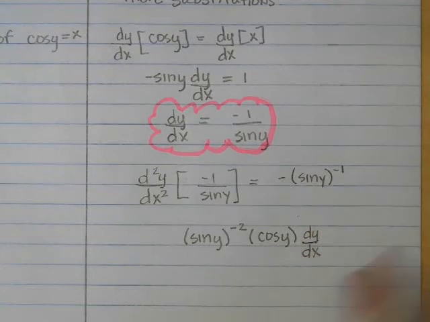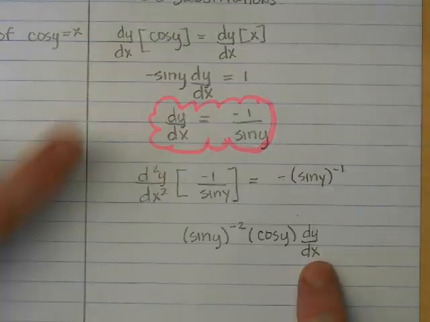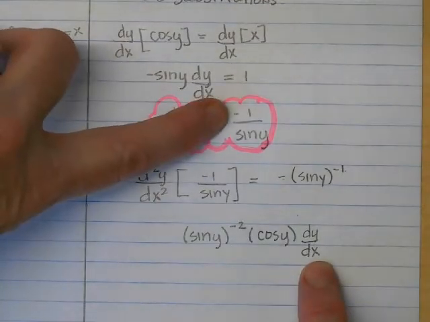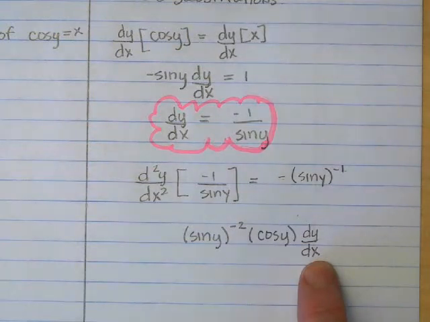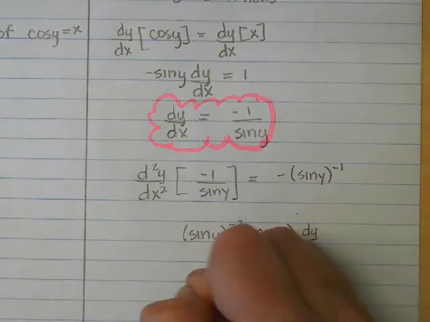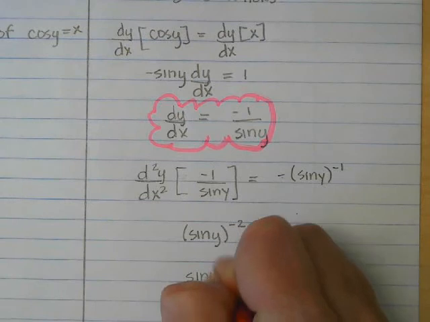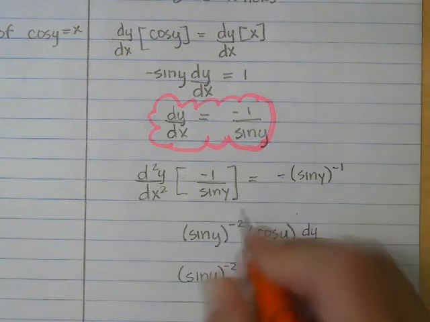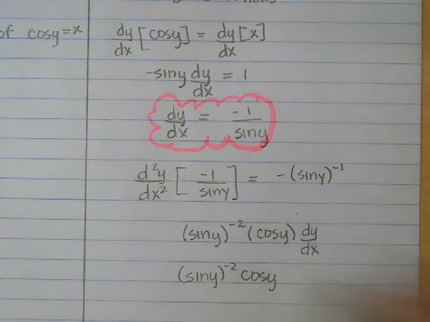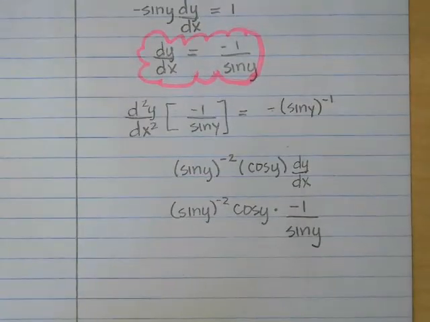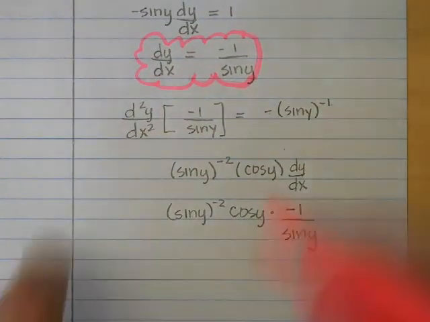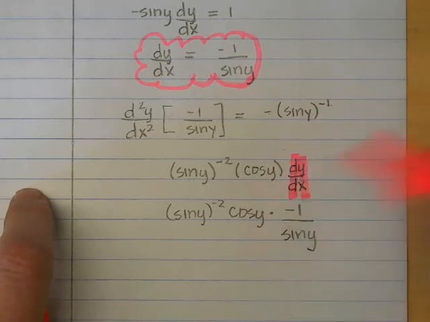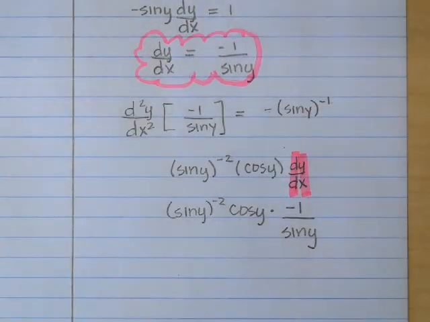So see how that dy dx came up again? And we know that dy dx is negative 1 over the sine of y. So then this becomes the sine of y to the negative 2 cosine y times negative 1 over the sine of y. Okay, so all I did was I substituted right here. I substituted in that.